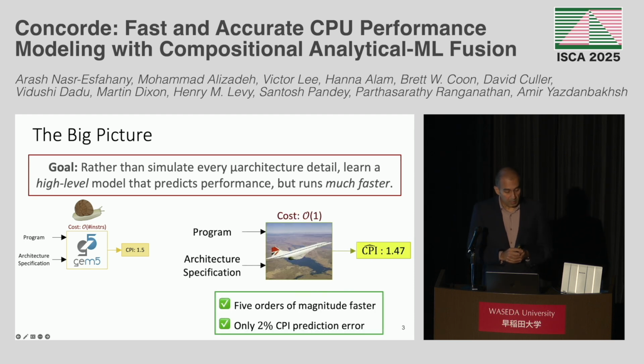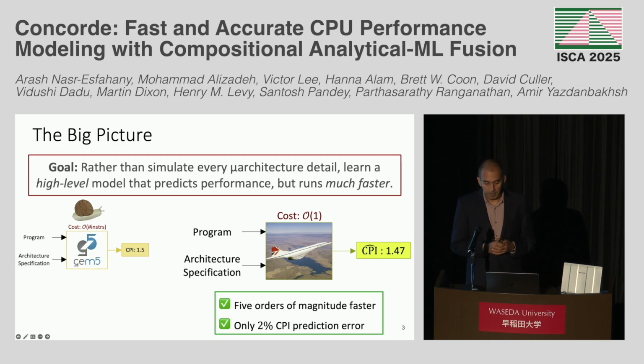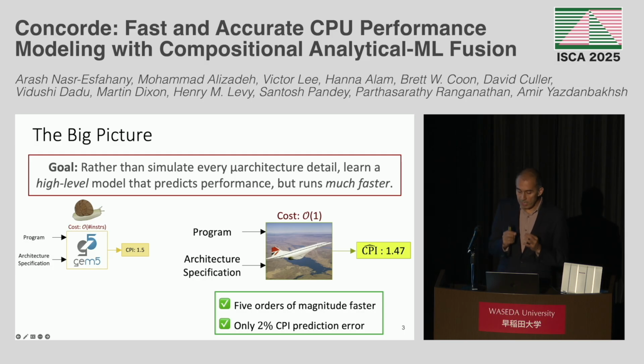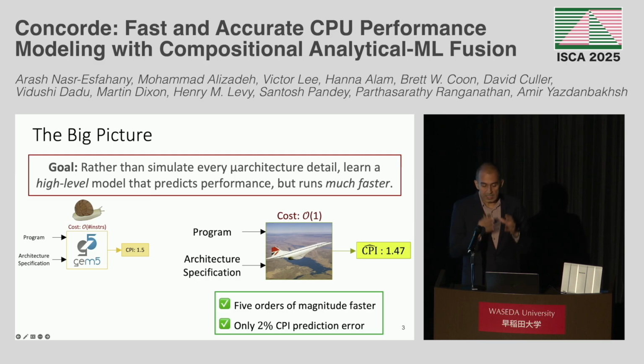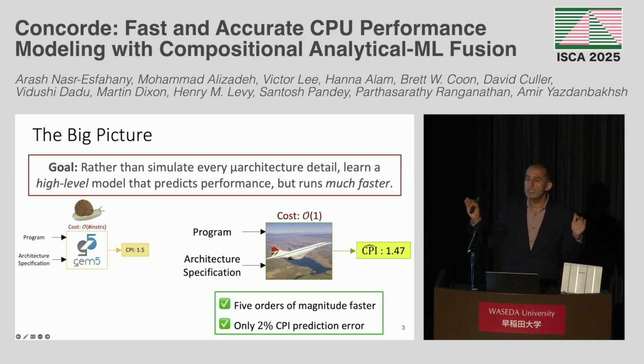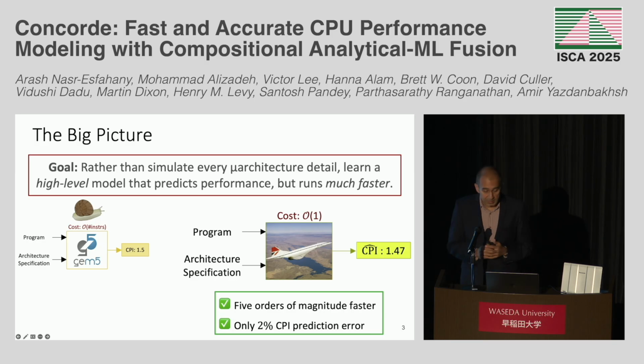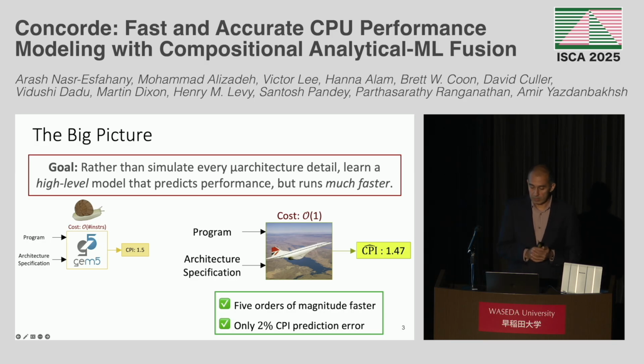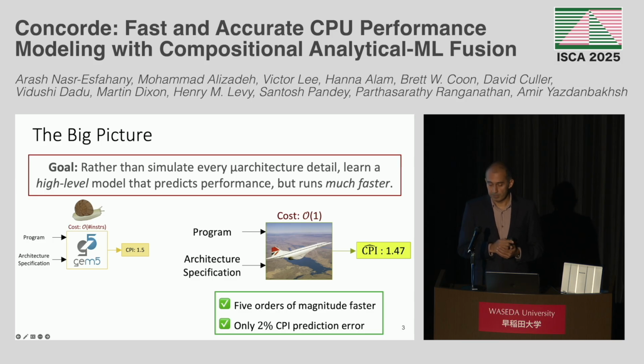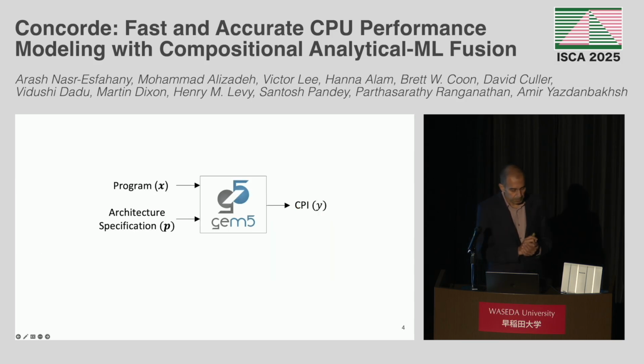By the end of this talk, I'll tell you about Concorde, our compositional analytical-ML methodology for CPU performance modeling that has constant runtime, independent of the instruction sequences, and is 5 orders of magnitude faster than cycle-level simulators. And of course, the CPI prediction error is merely 2%. So let's delve into how we achieve this.